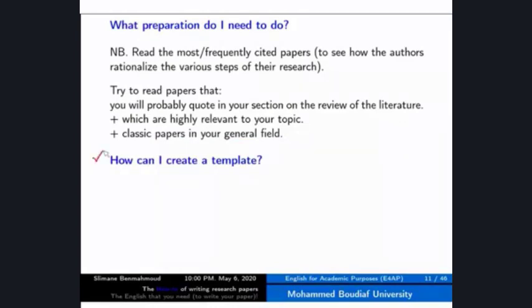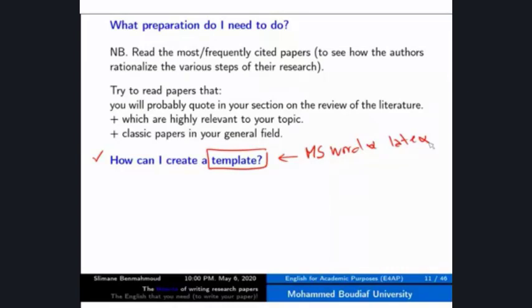Another question. How can I create a template? Here we are speaking metaphorically. We don't mean by template the one used in Microsoft Word or LaTeX or any other text editing software. We mean by a template the paper that you choose as a model to follow.